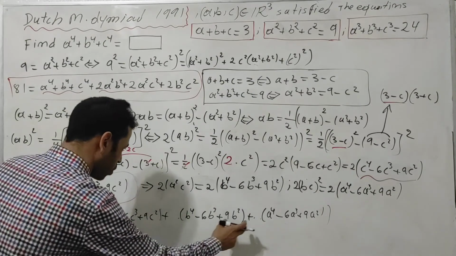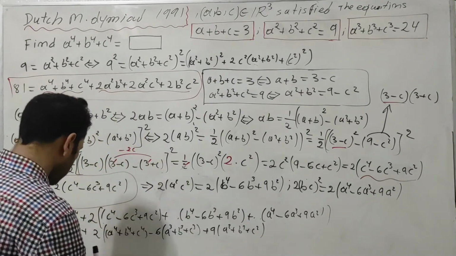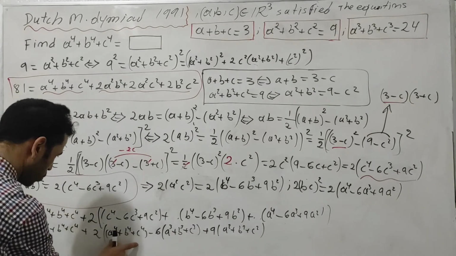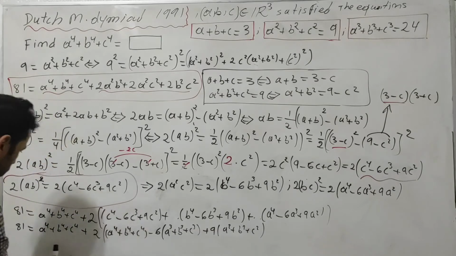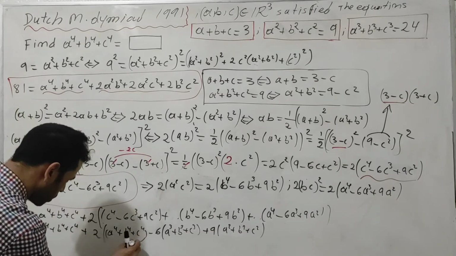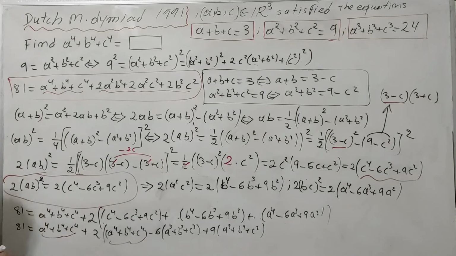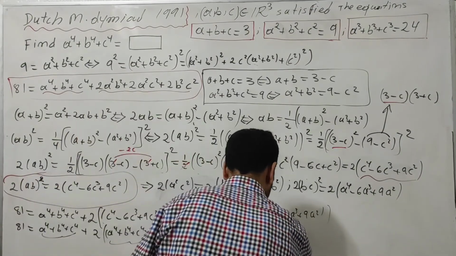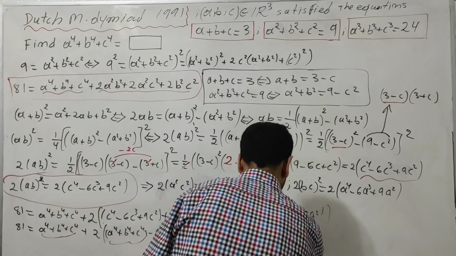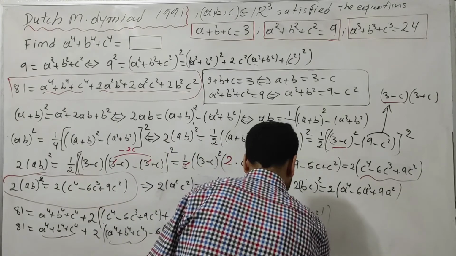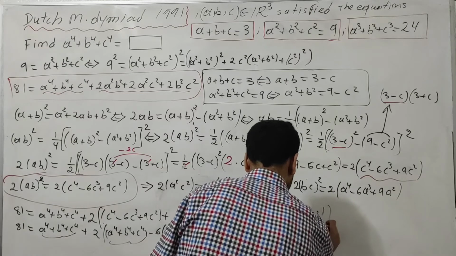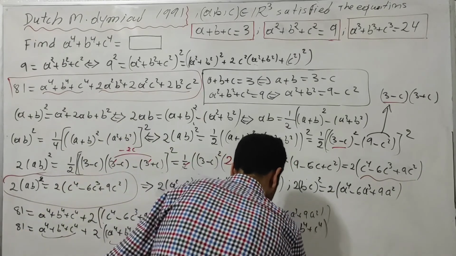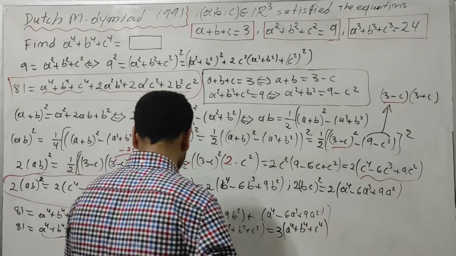If I put all these terms together, I'm going to put this first term together with this term, which gives me 2 times A to the 4th plus B to the 4th plus C to the 4th. Number 2 with the 1 gives me 3 times, plus these terms.